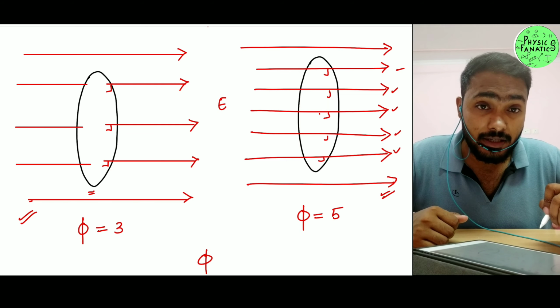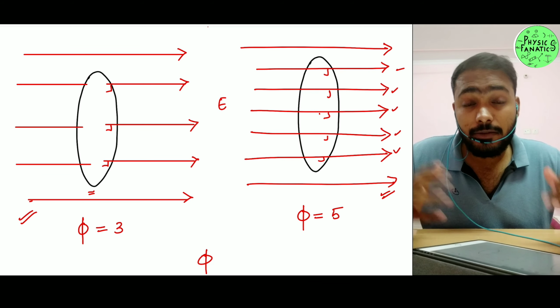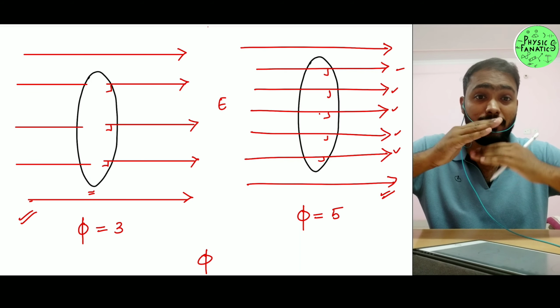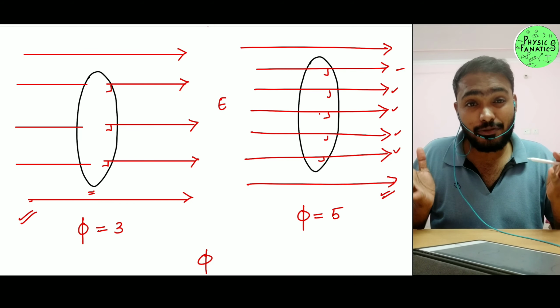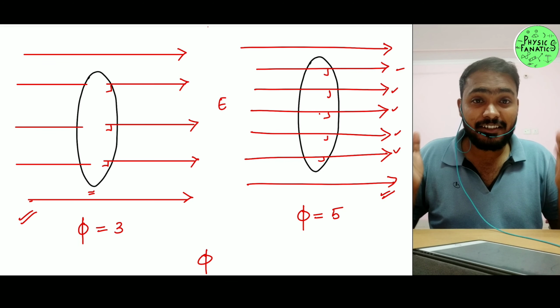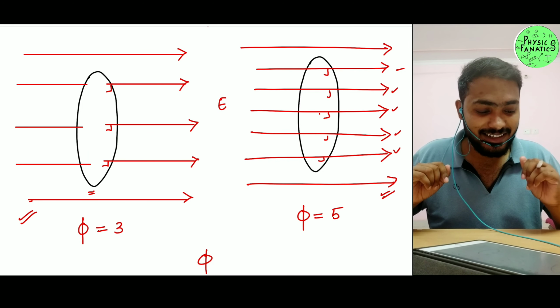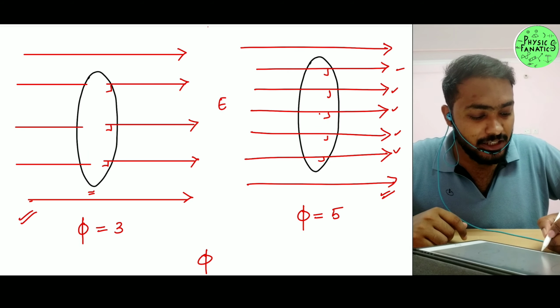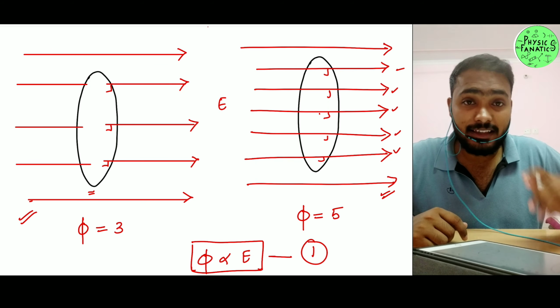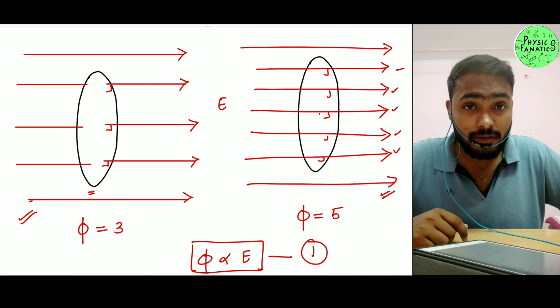When I look at the second diagram, I can see more electric field lines passing, because the distance between them is less, which means the intensity is more. So the more the intensity, the more the electric flux. I hope that is understandable. Okay, great. So flux depends upon electric field intensity. I can say that is my equation number 1.